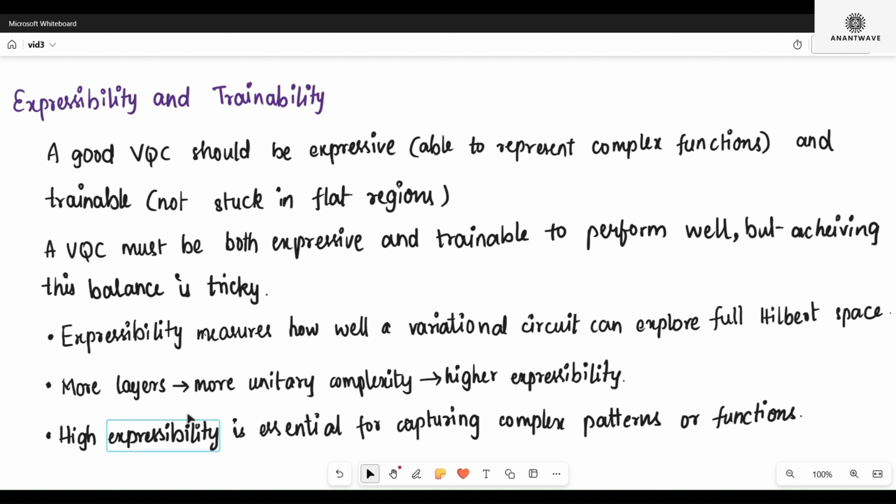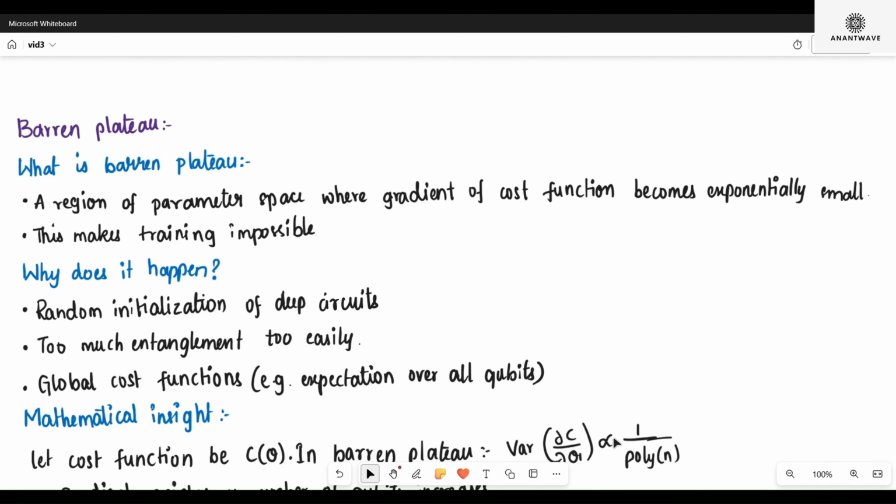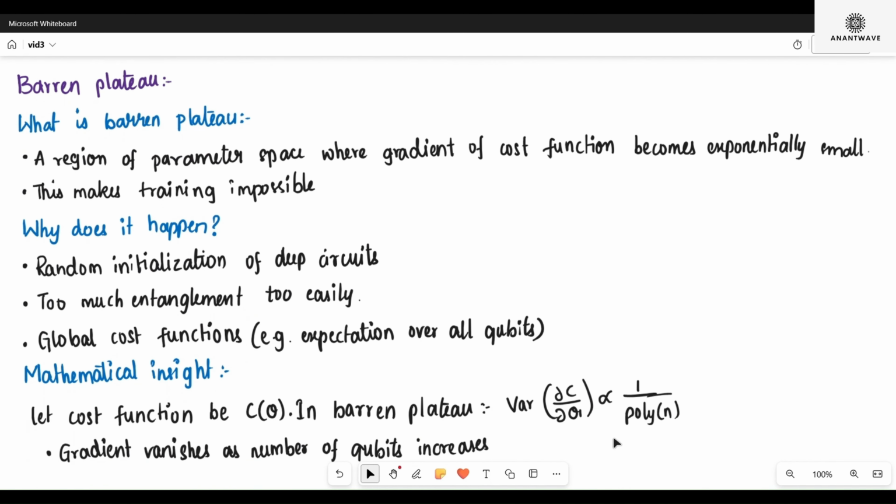That means more layers give more unitary complexity, resulting in higher expressibility. Higher expressibility is essential for capturing complex patterns or functions. A highly expressive circuit can represent a wide range of quantum states, which is vital for solving complex tasks like classification. But when it is highly expressible, we'll have a problem called barren plateau.